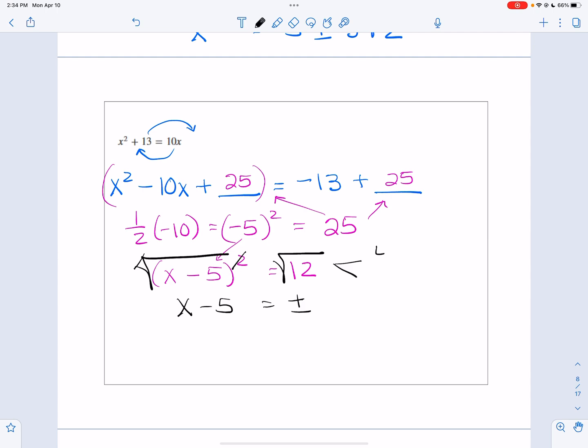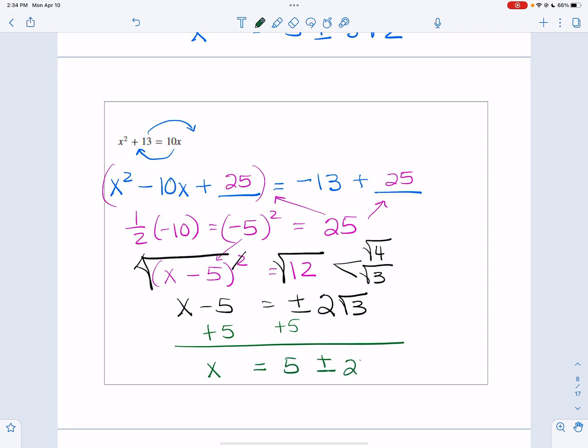I'm going to go ahead and factor that as 4 times 3. And the square root of 4 is 2. And the square root of 3 stays in. And then I'm going to add 5. So my answer is x is equal to 5 plus or minus 2 radical 3.